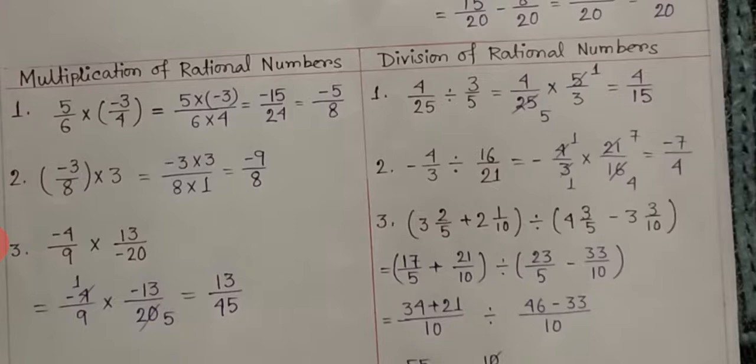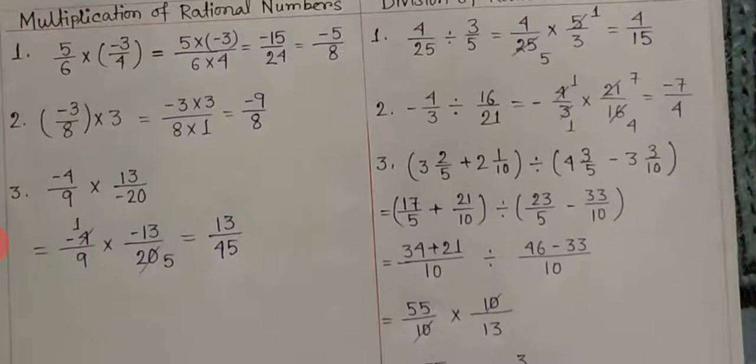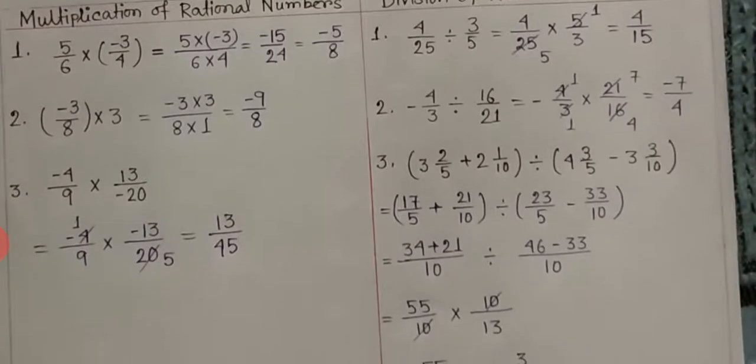Coming to the third example, here within the brackets there are addition, subtraction. The addition is divided by the subtraction. So first we converted the mixed fraction to improper fractions. You can see the second line.